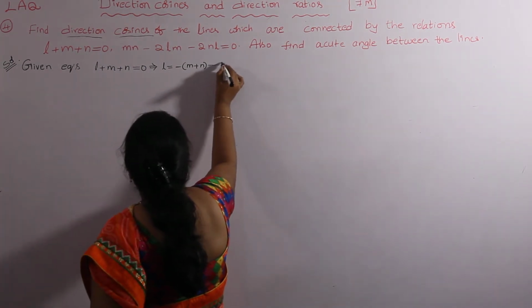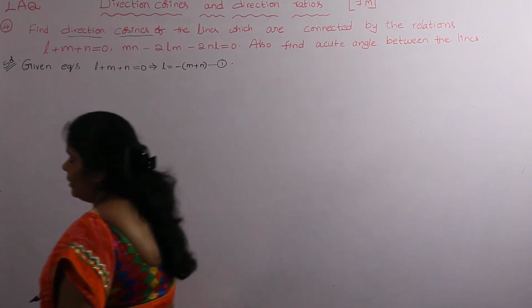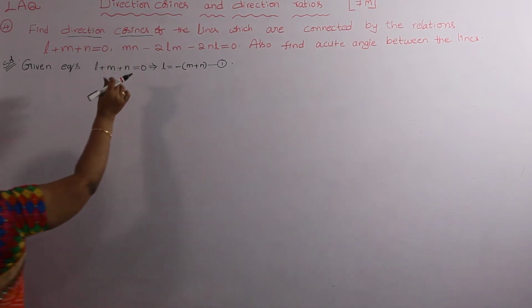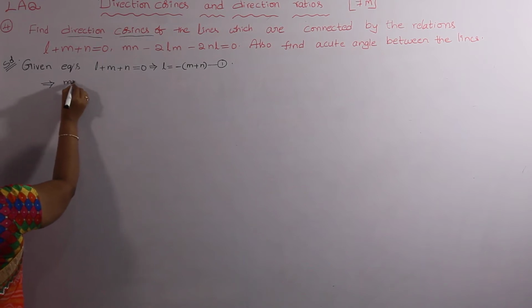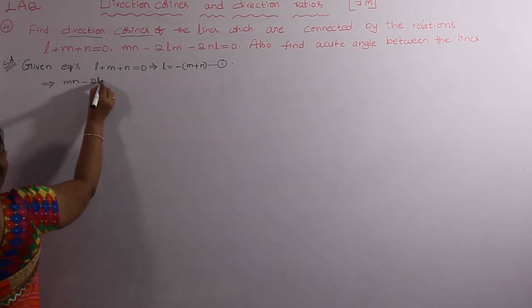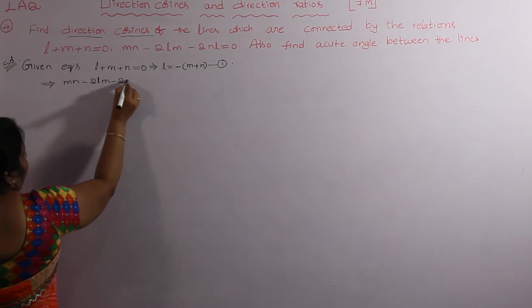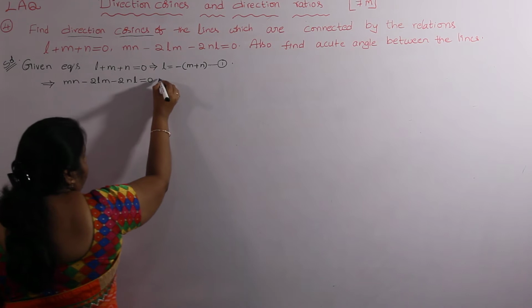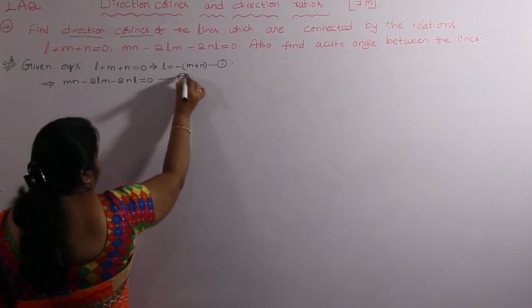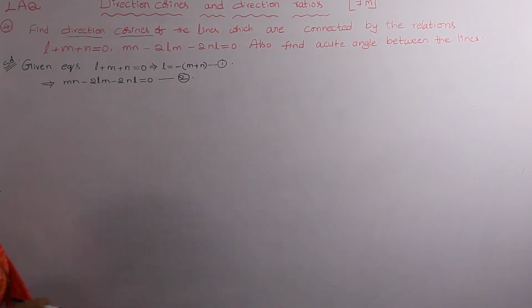This is equation 1. Next, the second equation, this is equation 2, that is mn - 2lm - 2nl = 0. This is equation 2.